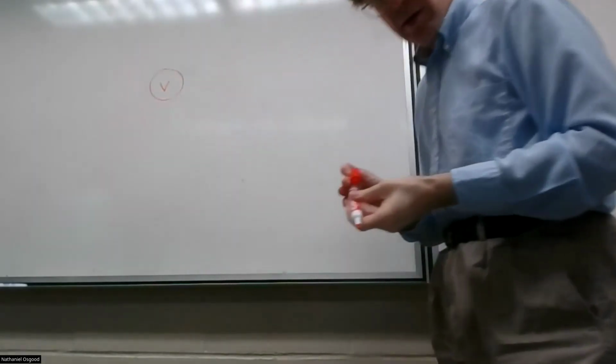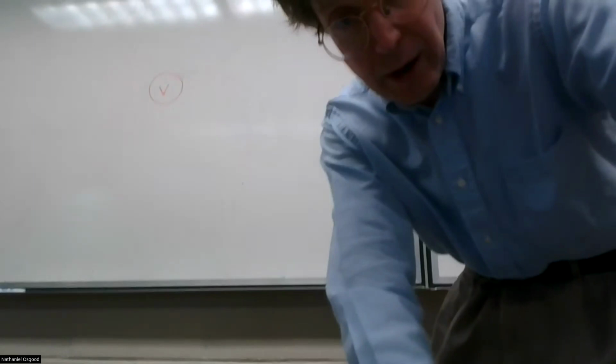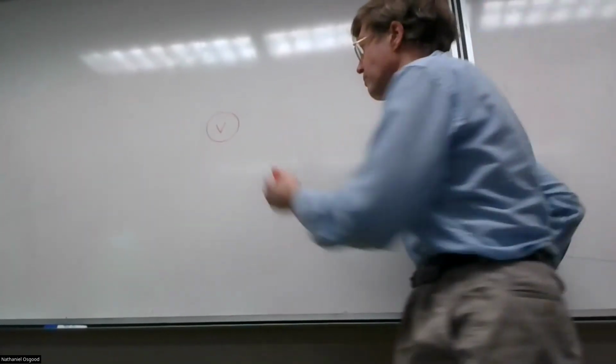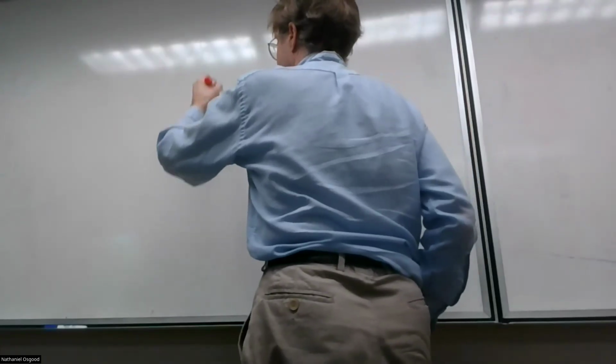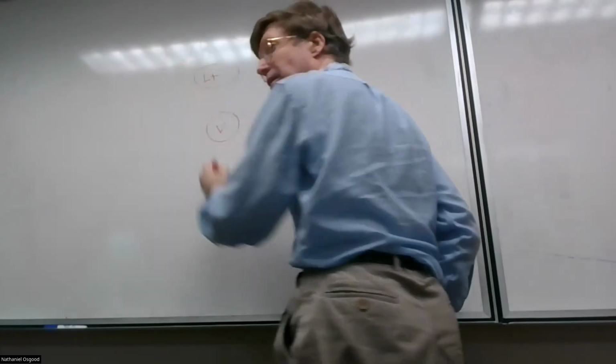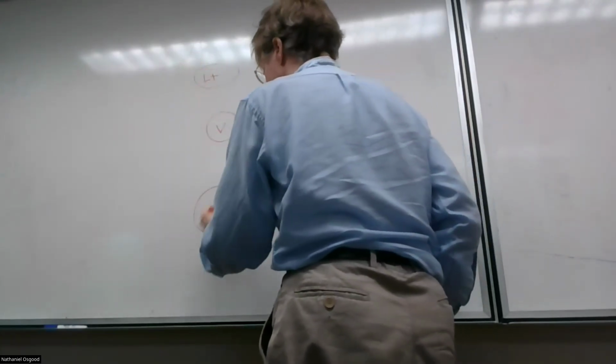So here's our schema category. Here we have an object in the schema category called V. Here we will have L plus, I'm going to write it like this, L minus.